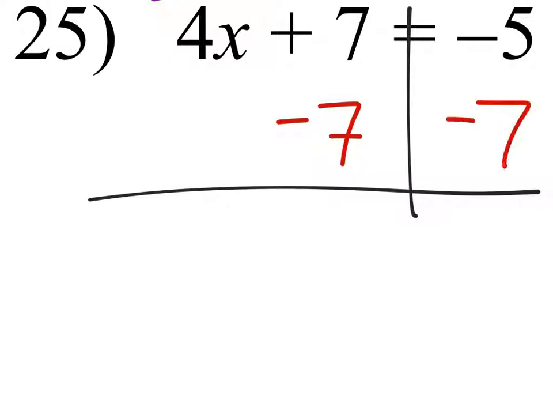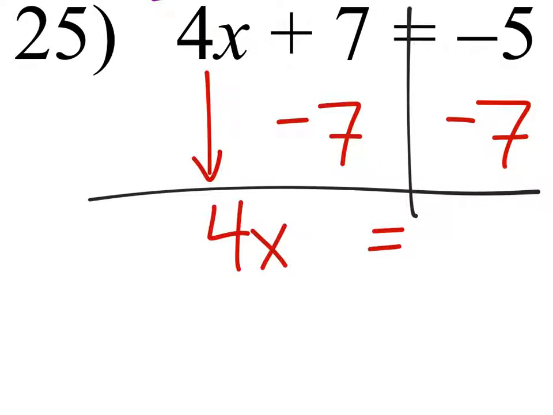But again, if I do it to one side, I got to do it to the other side. So now I've got this 4x, which equals, what's negative 5 minus 7? Negative 2, right? No, it's not negative 2. It's negative 12. Oh, we're not multiplying. No, it's not multiplication. Very good.